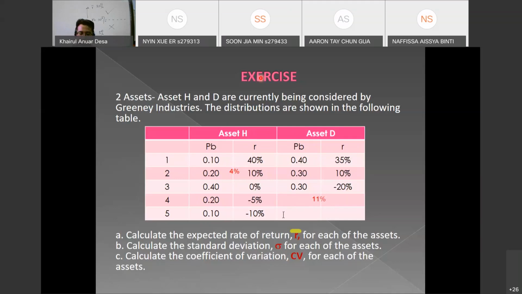Okay, thank you. Thank you, sir. All right. And the next one, what is the standard deviation or sigma for asset H and asset D?